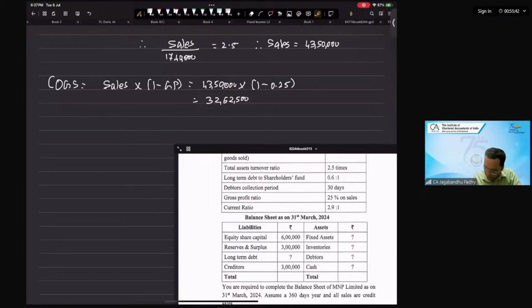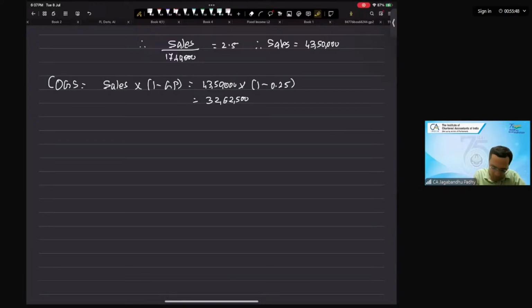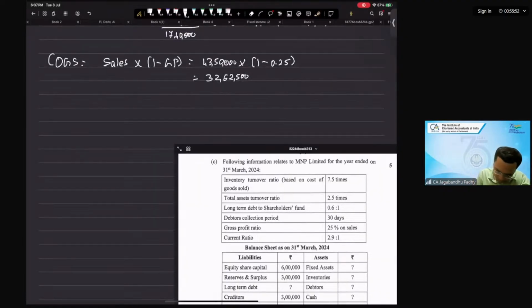Now, based on COGS, we can get the inventory value. Inventory turnover is 7.5 times, calculated as cost of goods sold upon inventory.